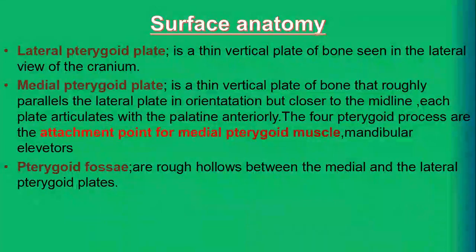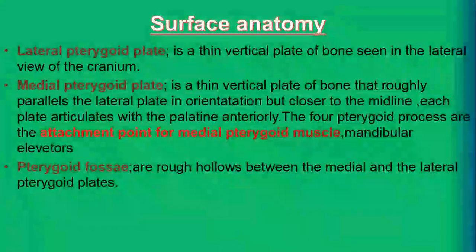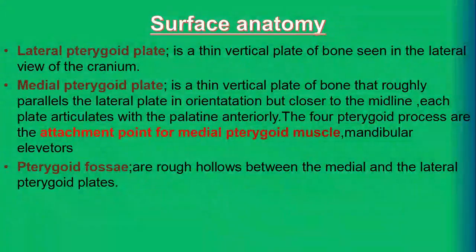Each plate articulates with the palatine anteriorly. The pterygoid processes are the attachment point for the medial pterygoid muscle, which is a mandibular elevator. Then we have the pterygoid fossa, a rough hollow between the medial and the lateral pterygoid plates.